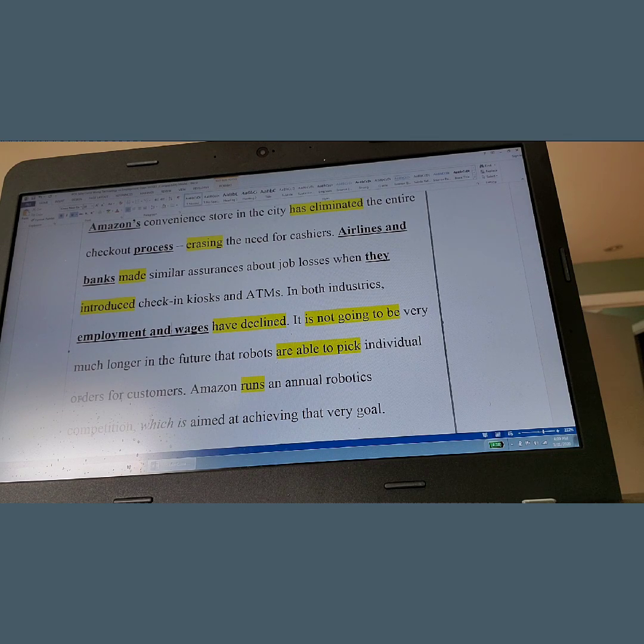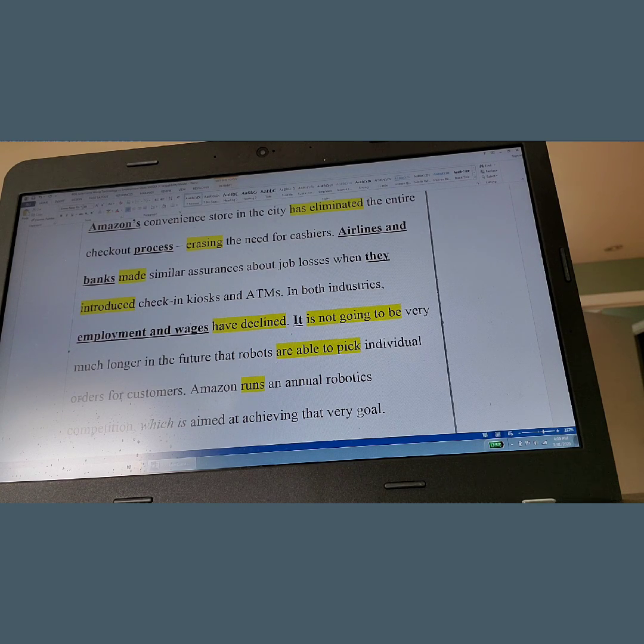At this point. So then it says, it is not going to be very much longer in the future. So it being like the world situation, right? In this case. So when it says it or there, sometimes like that, or this being like the world situation, is not going to be very much longer in the future. So very much longer in the future, right?